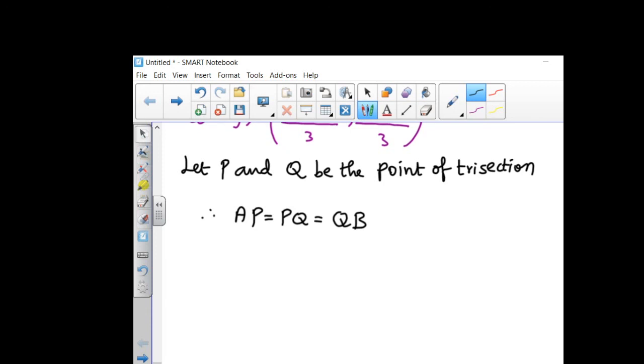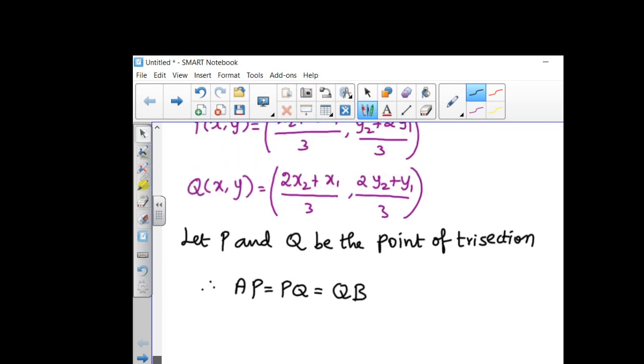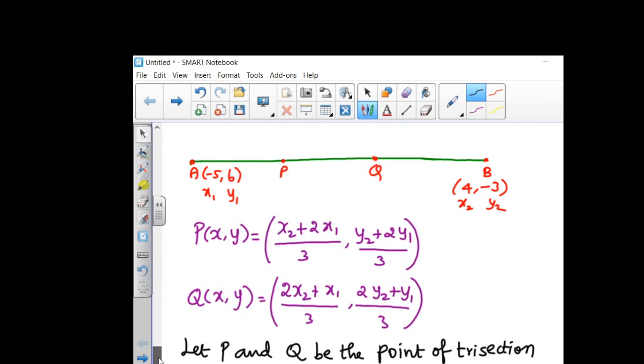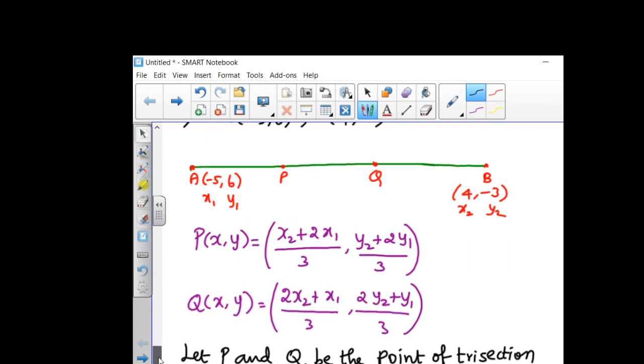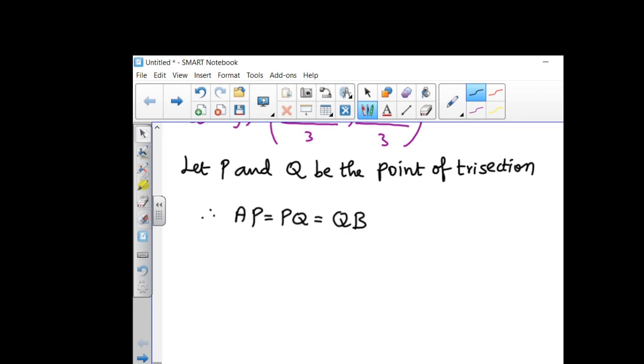What is that? Here x2 is 4 plus 2x1, x1 is equal to minus 5. So what do you get? So first P of x comma y, you can apply the values. So you will get P of x comma y is equal to 4 plus 2 into minus 5 divided by 3. Then y2 is minus 3.